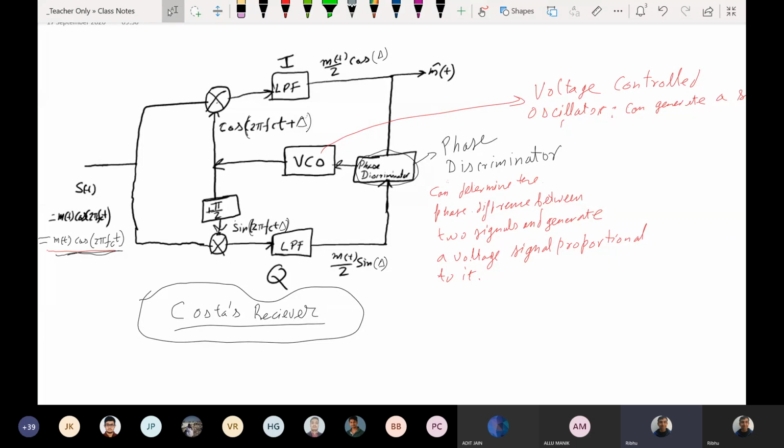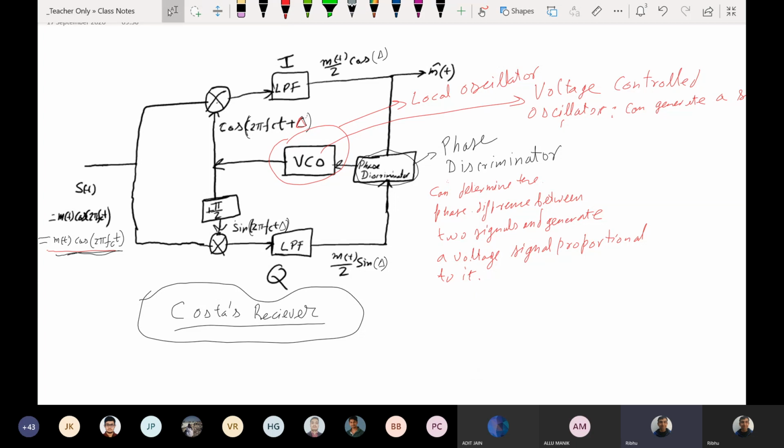I receive m(t) cos 2 pi fct over here, and you can think of this system as a local oscillator. It generates cos(2 pi fct plus delta), and I phase shift it by pi by 2 to generate sin(2 pi fct plus delta).